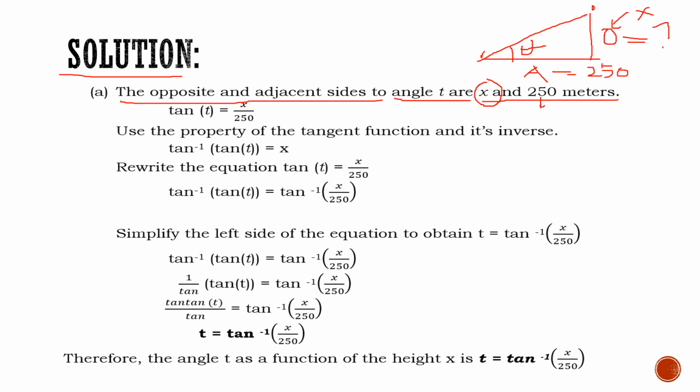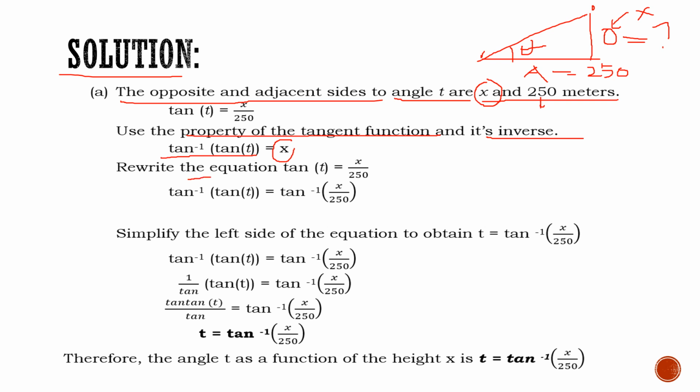So use the property of the tangent function and its inverse. The tangent inverse of tangent t is equal to t. So we simply apply the property of the tangent function and its inverse.